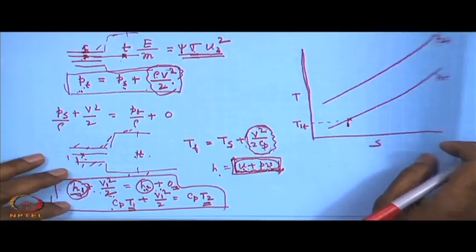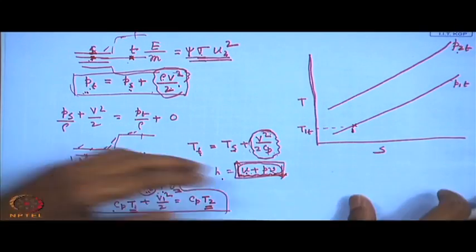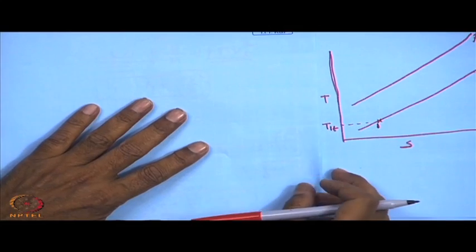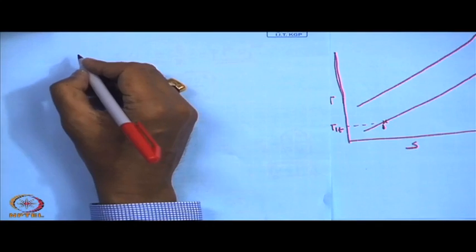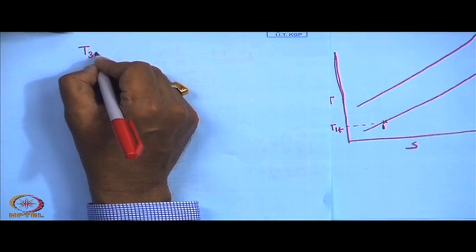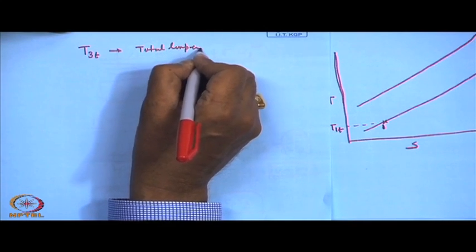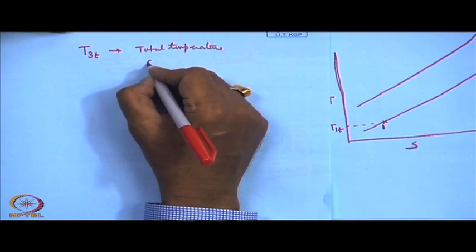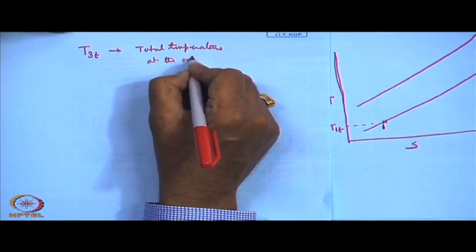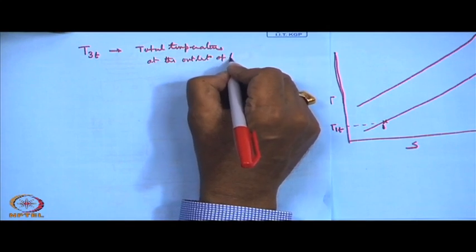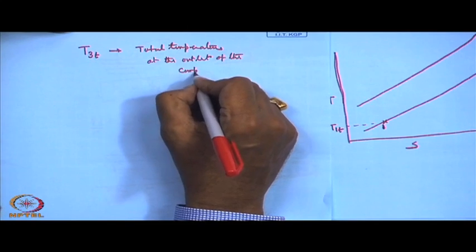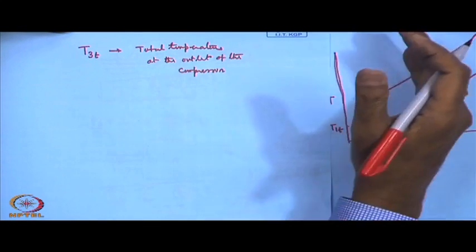Let us consider this way: T3T is the total temperature at the outlet of the compressor, that means at the outlet of the diffuser.